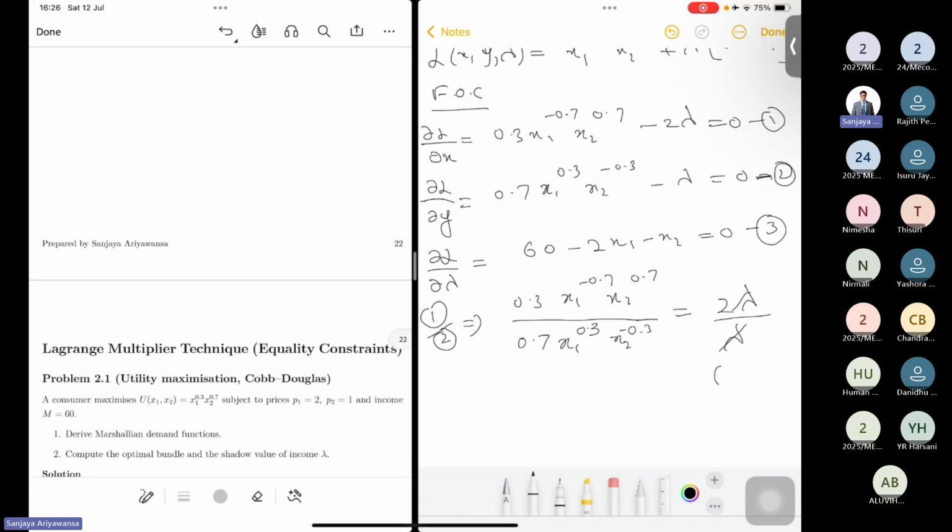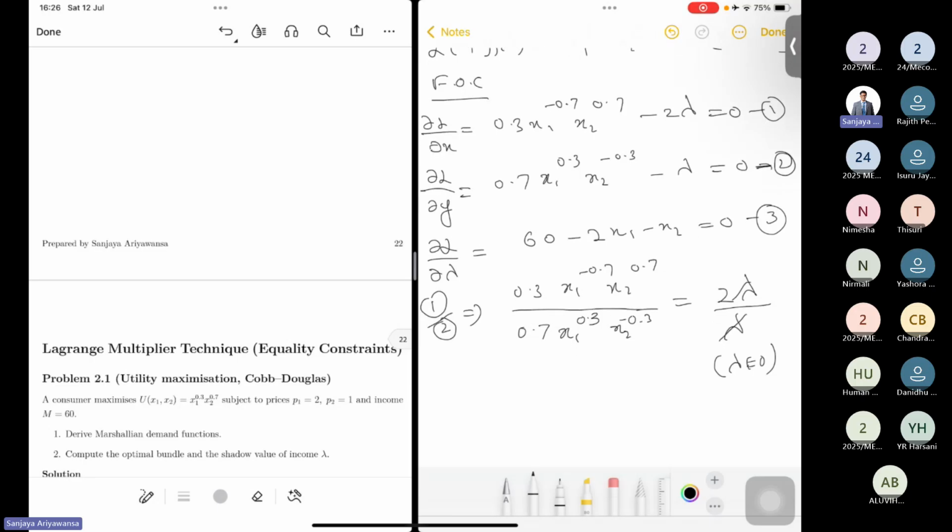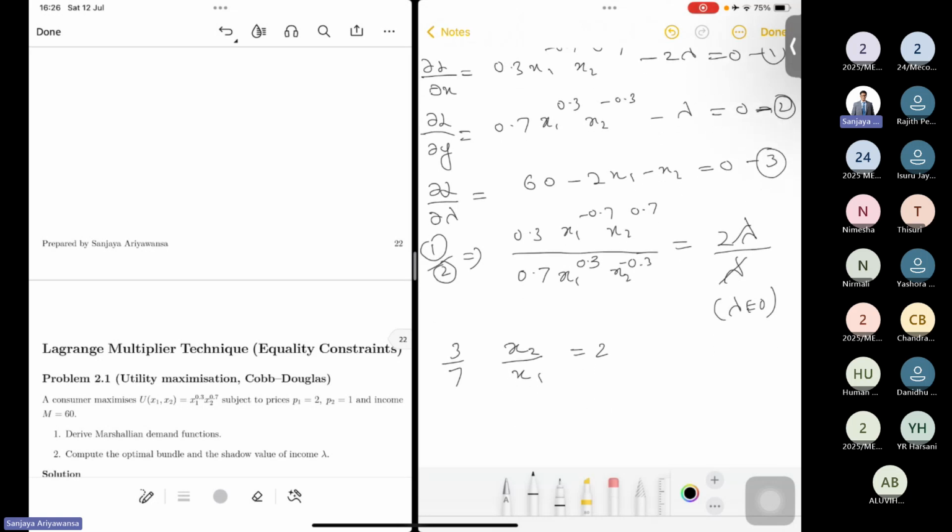Lambda cancels off because lambda is not equal to 0. And from this I get 3 over 7. If I rearrange the terms, I get x2 over x1 equals 2, so x2 is 14 over 3 x1.